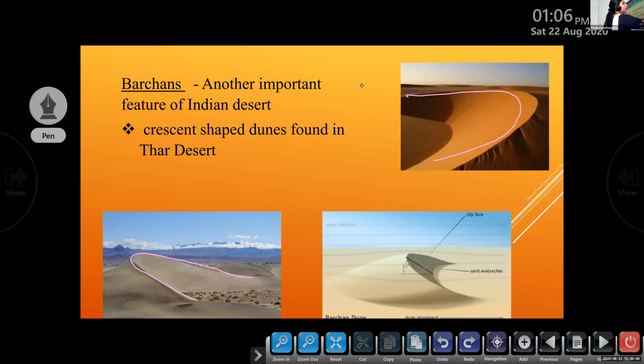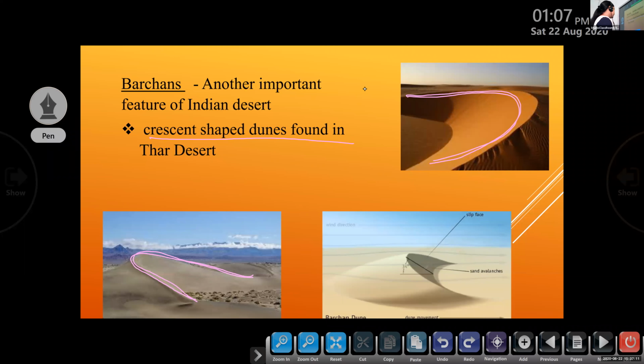Dune means sand hills or mound of sand, I have explained the meaning of dune. Crescent shaped sand hills are found here.